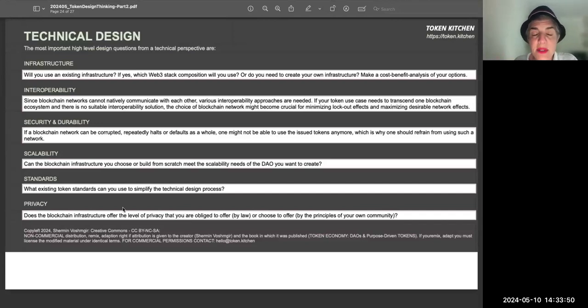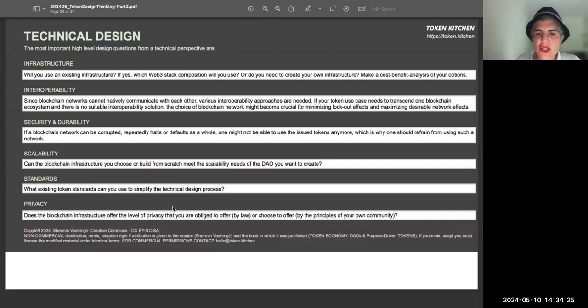And then last but not least, the issue of privacy, technical privacy. Based on which level of privacy you would like to use, you will need a different blockchain infrastructure that offers different levels of privacy by design, or has layer 2 networks that have ZK rollups or something that would offer not only the scalability, but also the privacy features that would be necessary for what you want to do.